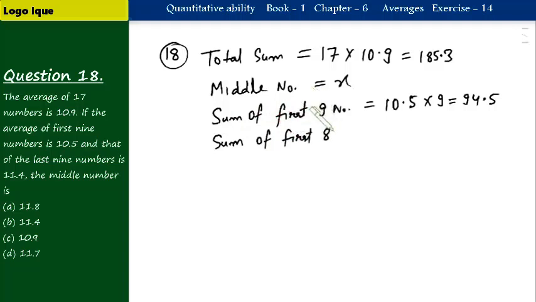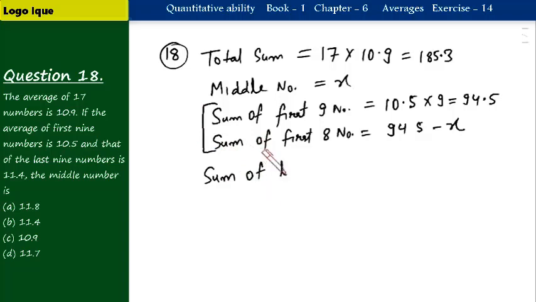Remember, the ninth number is the middle number. So the sum of the first 8 numbers would be 94.5 minus x.